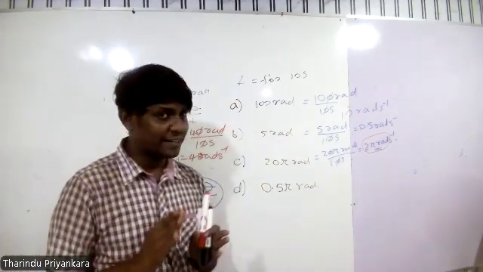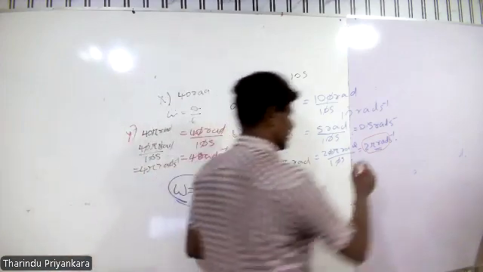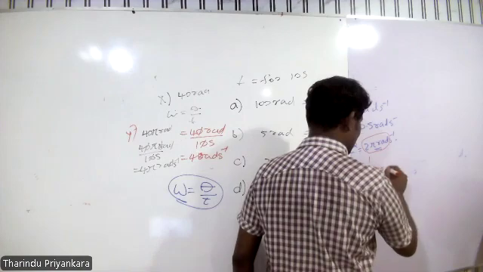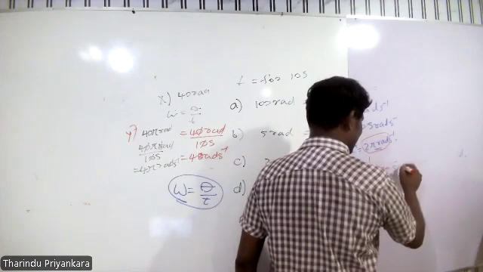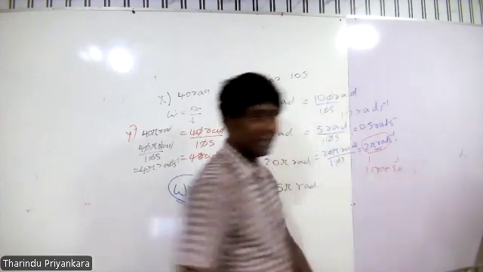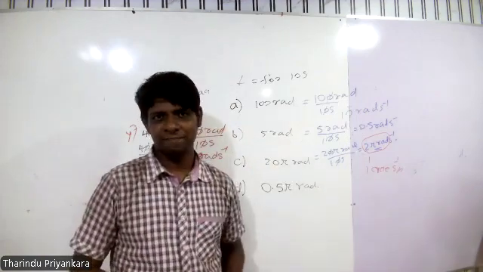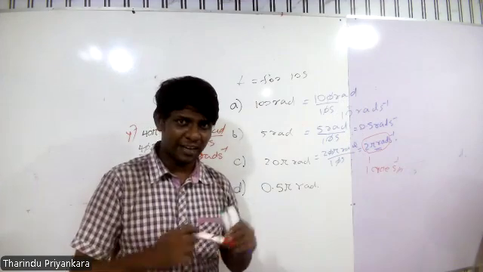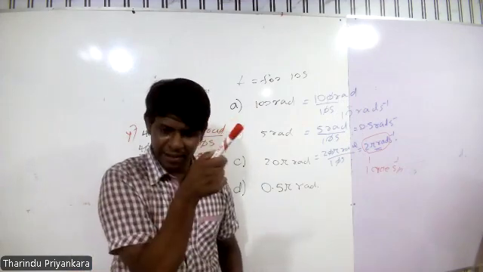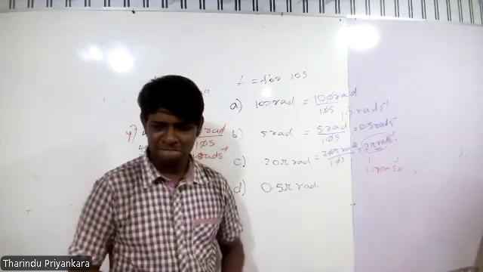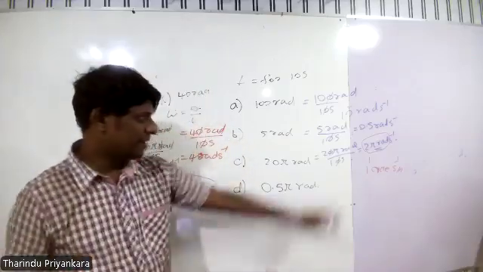So 2 pi rad s^-1 means one cycle per second. It rotates how many? One cycle per second. Can you understand? Very important scenario.